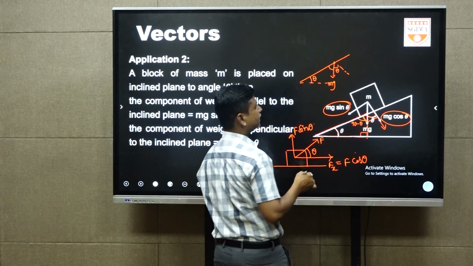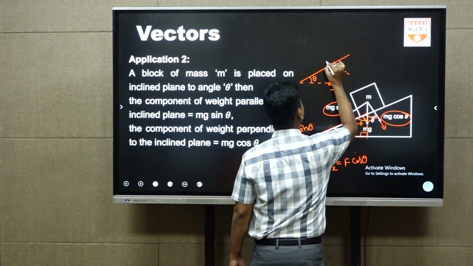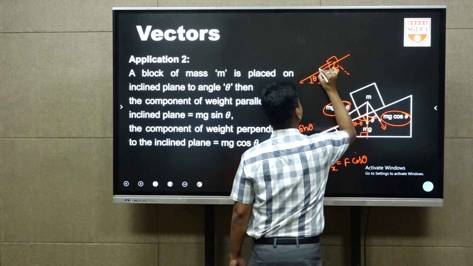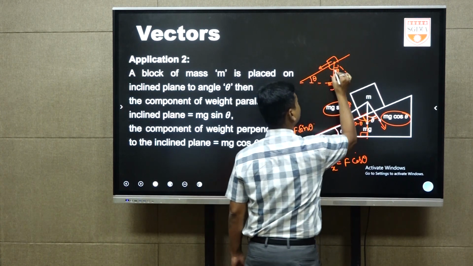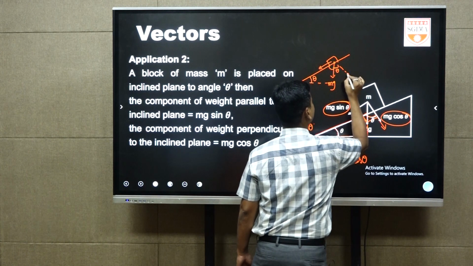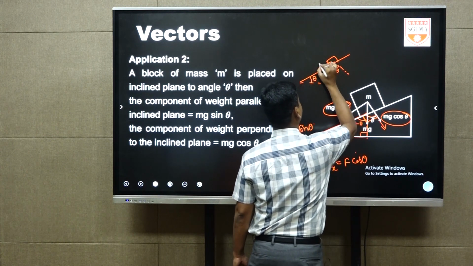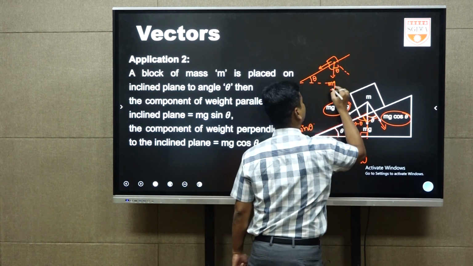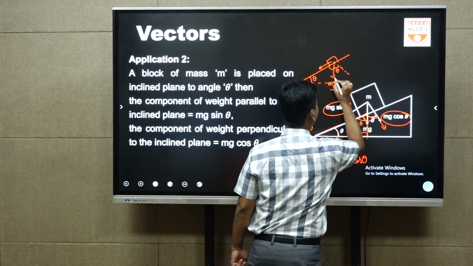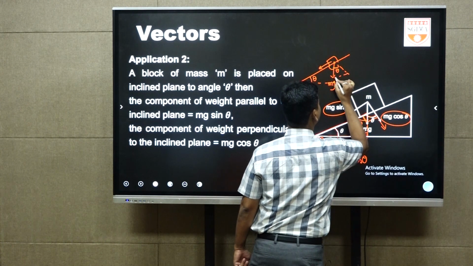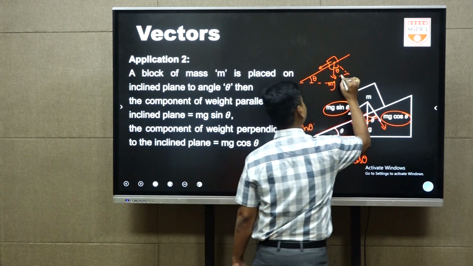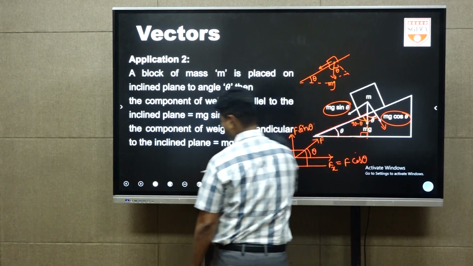This total angle is 90 degrees. In this direction is one component, here I have the theta. This is one of the components, this is the vertical component, and this is the horizontal component. This component you can shift to here. Then a right angle triangle will be formed here, and this angle is 90.